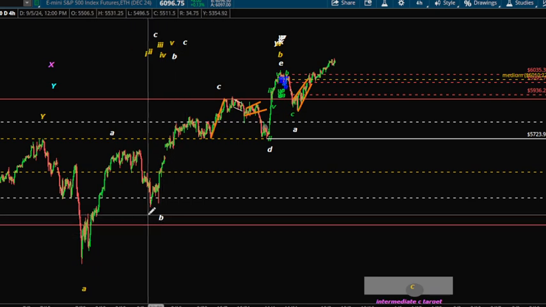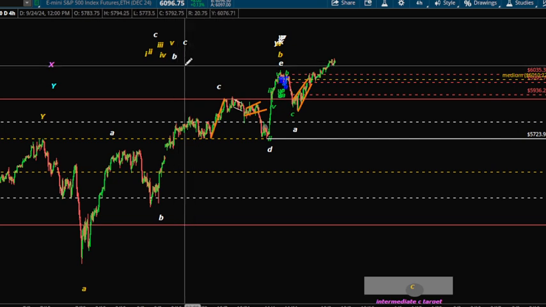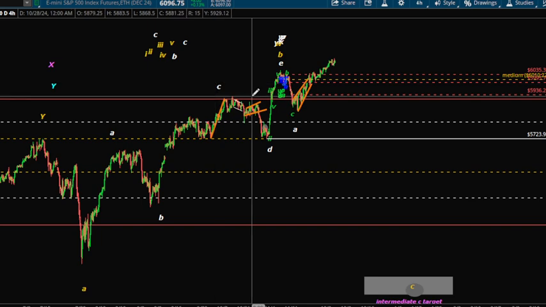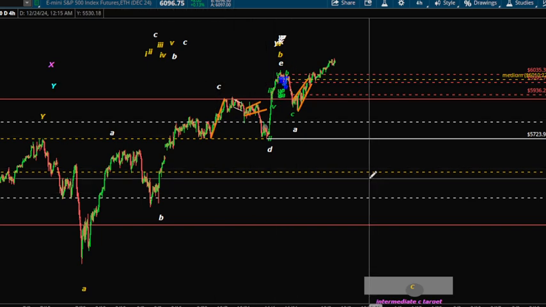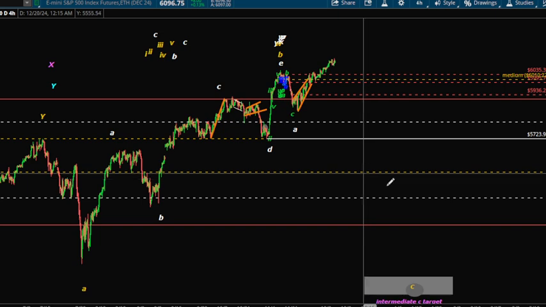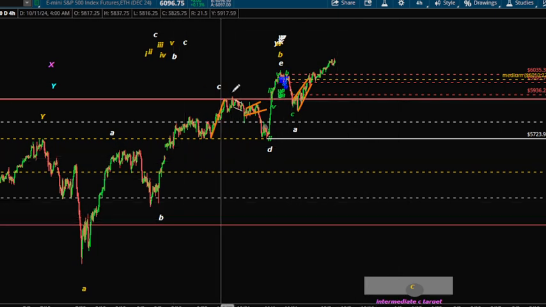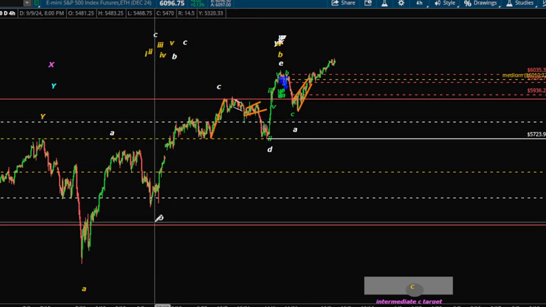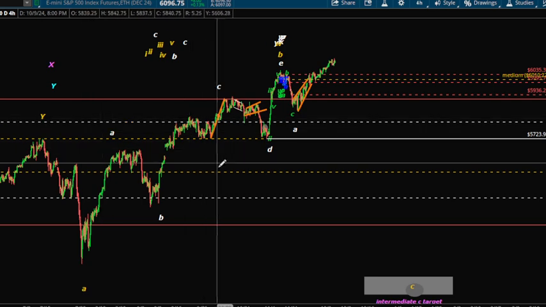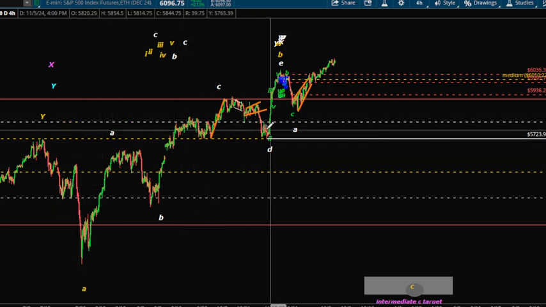You can see these numbers or letters here, they're different colors, and for me the colors are a lot easier to differentiate between the higher degree and the lower degree trend, and this platform doesn't really allow me to quickly notate the labeling. So I just found it's a lot easier to color code them. So I'll just explain which is a lower degree or higher degree as we go along.